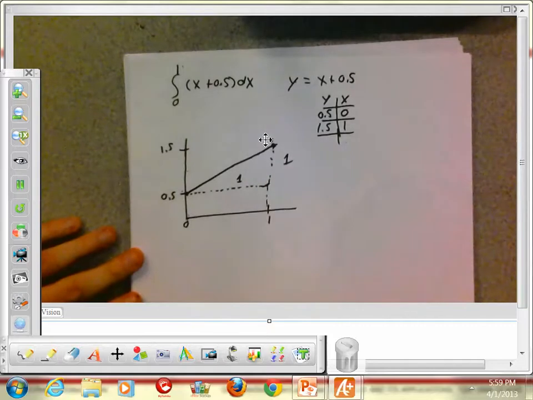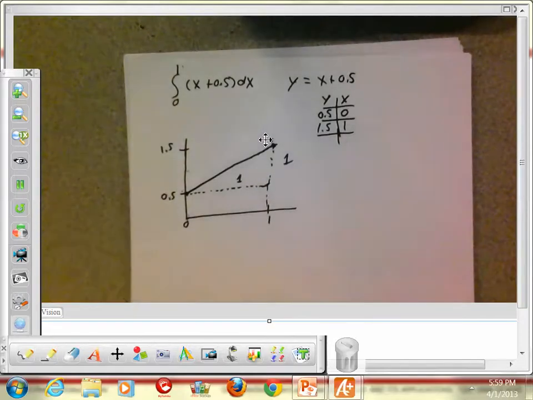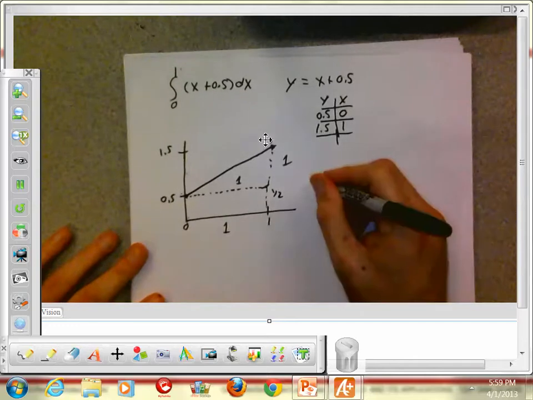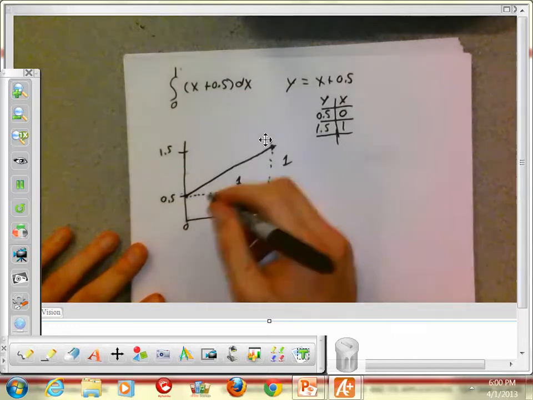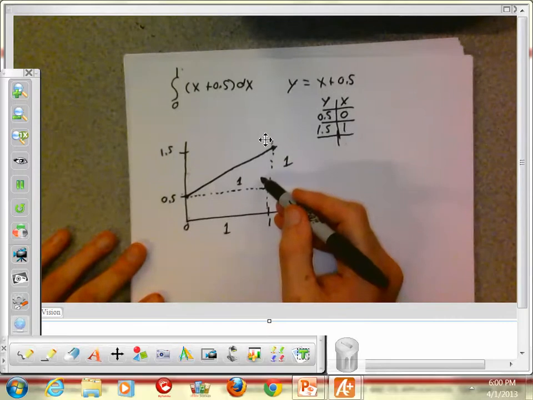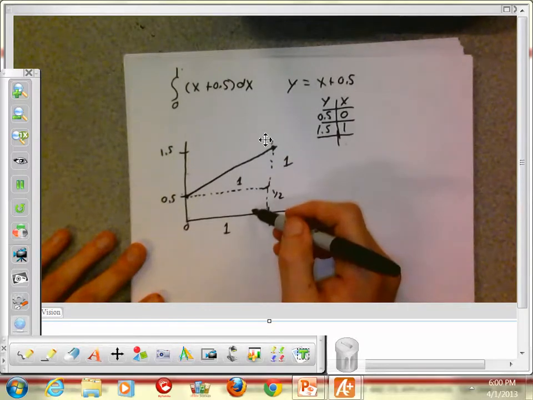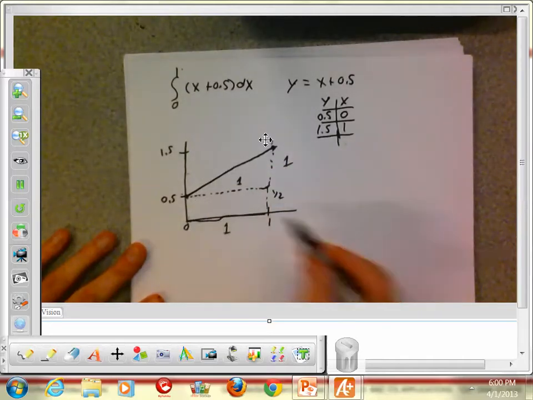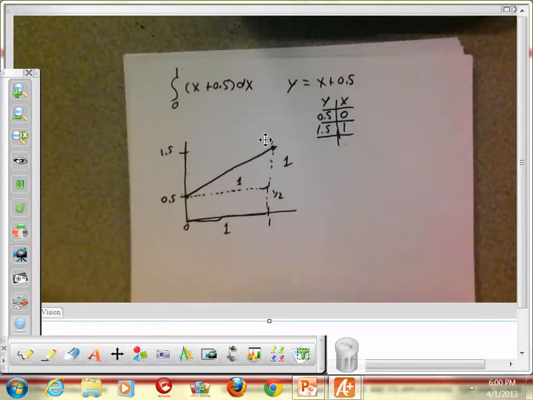All right. So how about this rectangle? What's the base of this rectangle? 1. What is the height of this rectangle? 1/2, right? So this total area is going to be the area of the triangle plus the area of this rectangle, right? Because these two figures together give us the area below this curve, bounded above here by the x-axis.